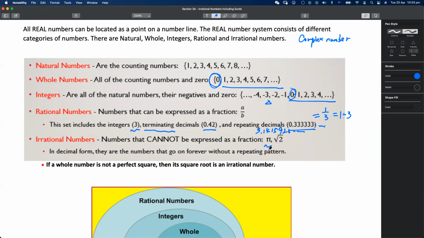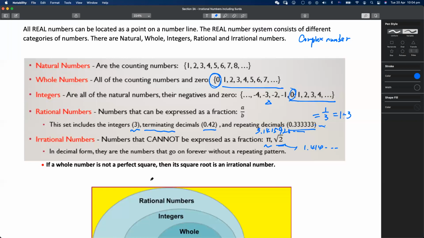So these kinds of numbers are irrational numbers. And square root of 2 is approximately 1.414, and you could go for more decimal places if you want. In decimal form, there are the numbers that go on forever without a repeating pattern.